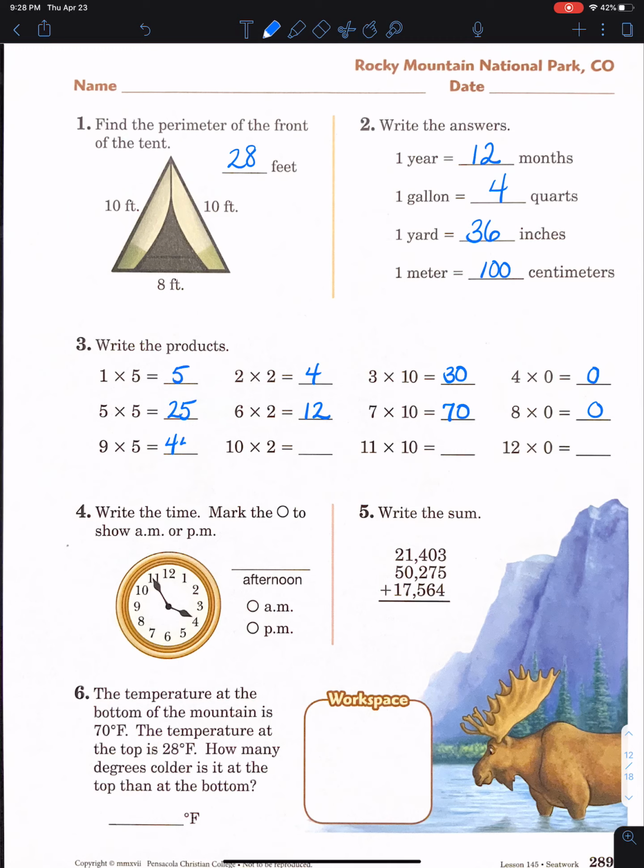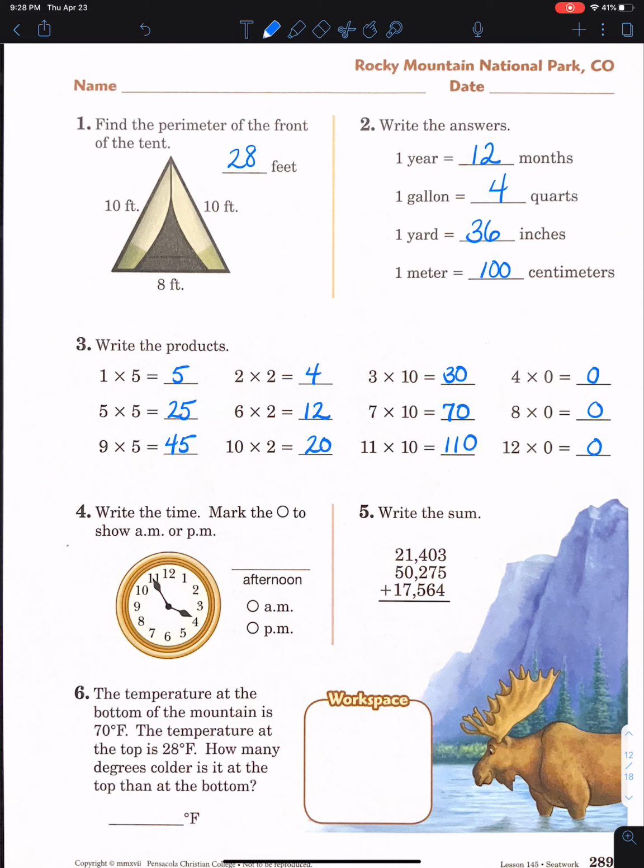And the answer is 45. 10 times 2? 20. 11 times 10? I'll give you a minute for this one. 110. And 12 times 0 is 0.